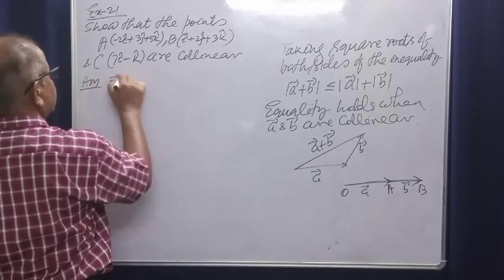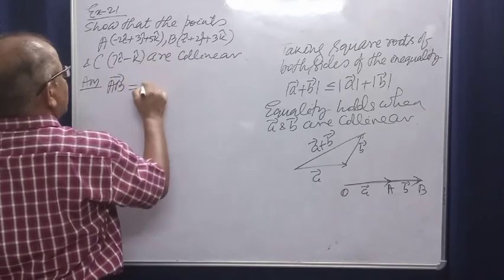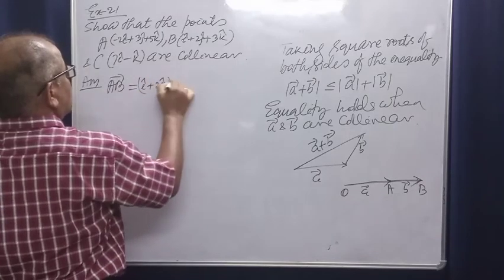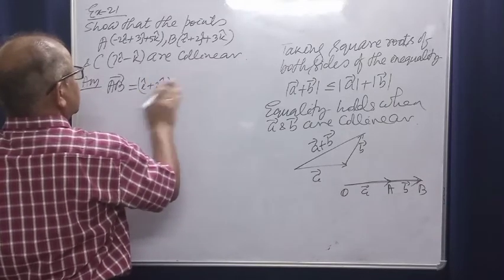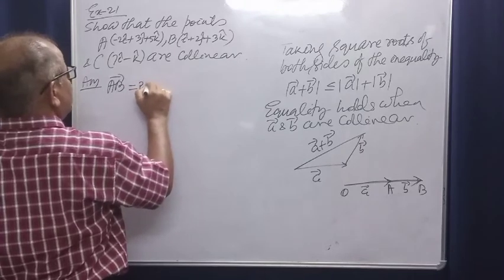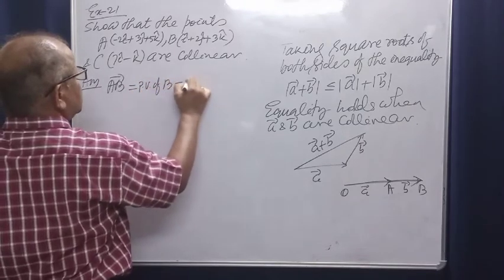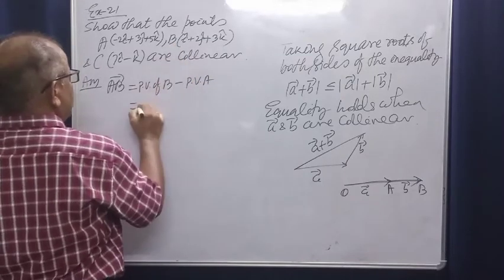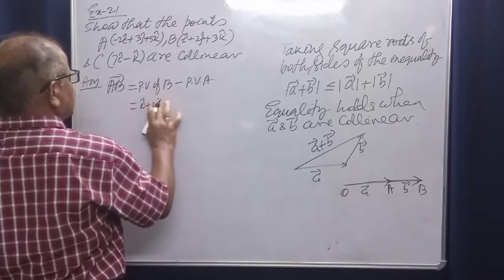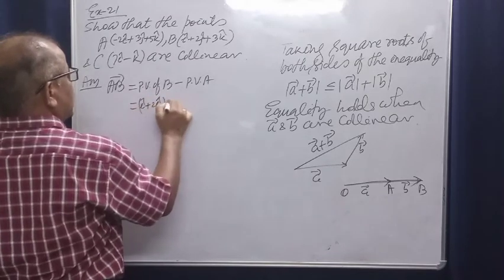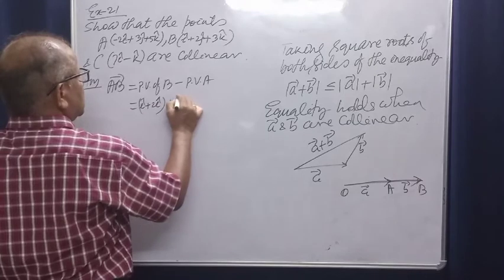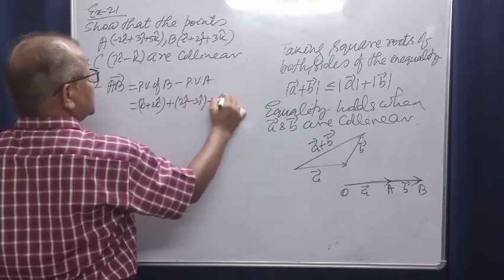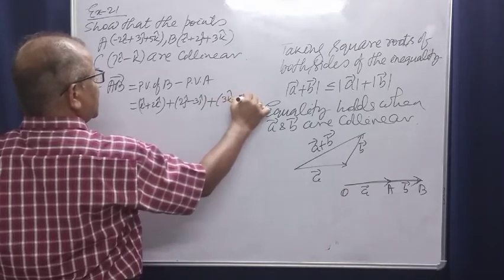AB vector will be what? It is the position vector of B minus the position vector of A. That is i plus 2j plus 3k minus minus 2i plus 3j plus 5k.